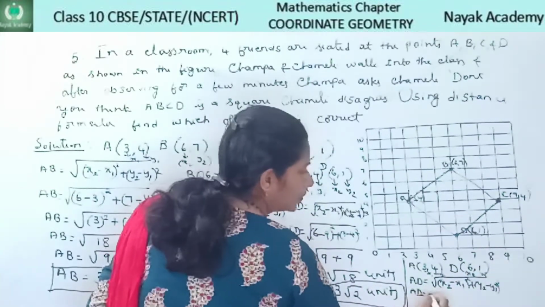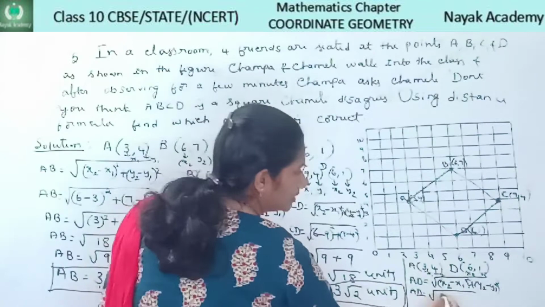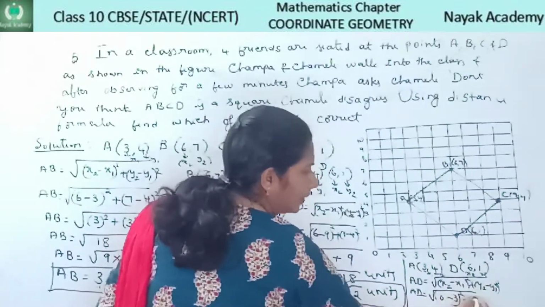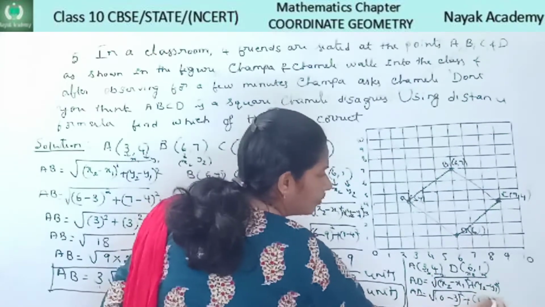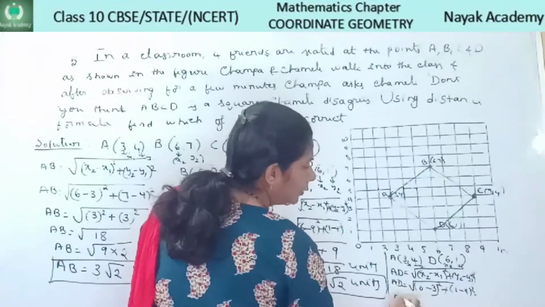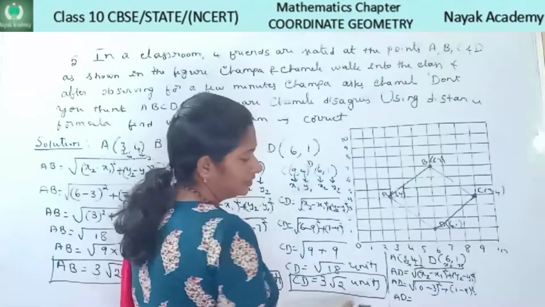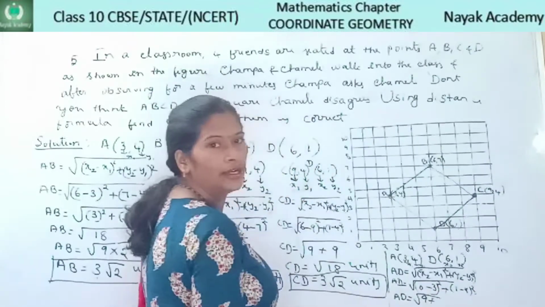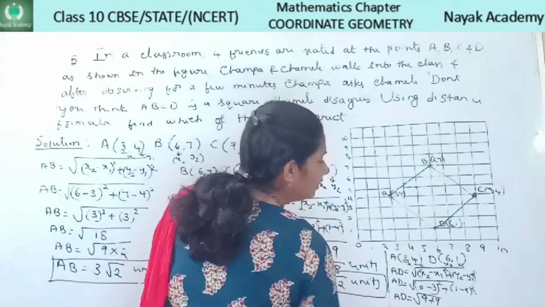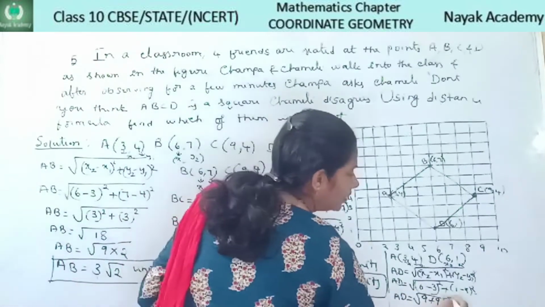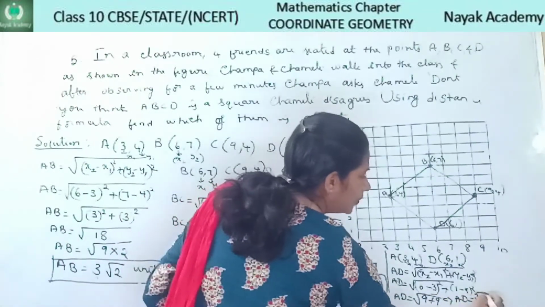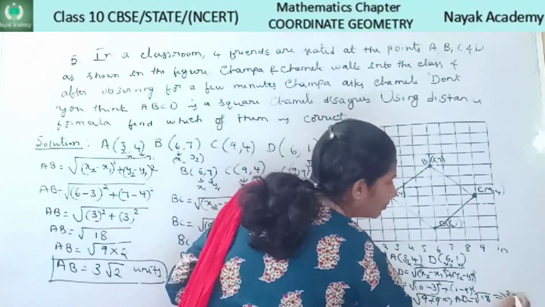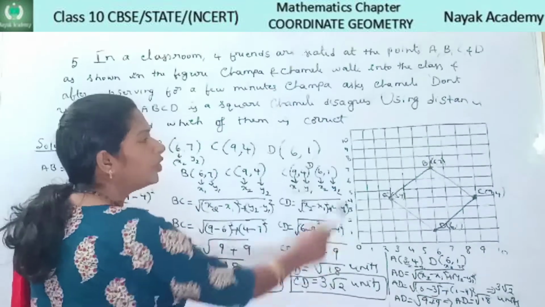So AD equal to square root of x2 value is 6 minus x1 is 3 whole square plus y2 value is 1 minus 4 whole square. AD equal to 6 minus 3, it is 3 whole square is 9 plus 1 minus 4, it is minus 3 square again plus 9. So AD value is root 18 units. If you simplify you will get 3 root 2 units.